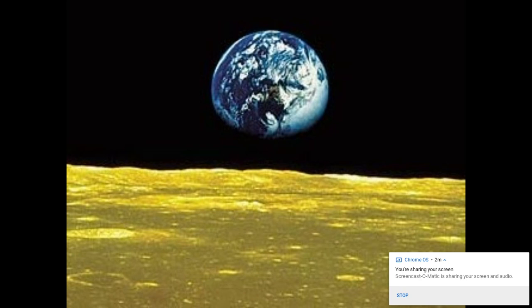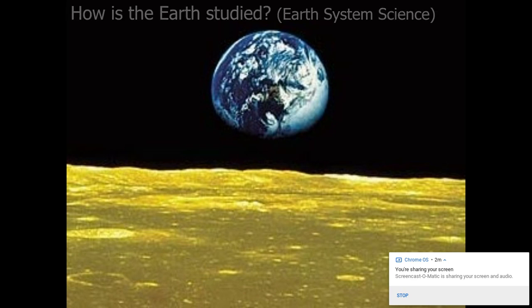So we're going to start part two now, and we're going to take a look at, for example, how the Earth is studied. In the past, processes on Earth were mainly discussed as individual processes. And it wasn't really until scientists got a view of the Earth from a different perspective, out in the vastness of space.